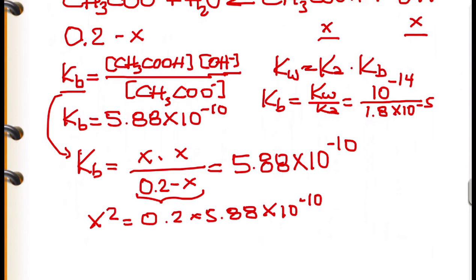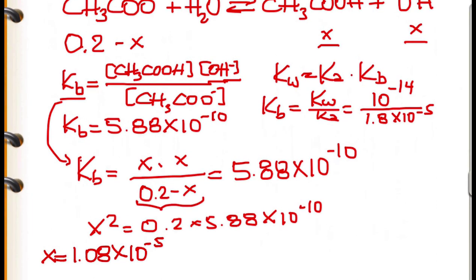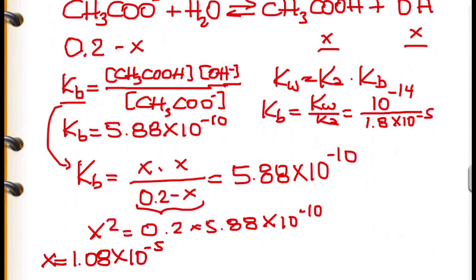It is going to give us X equals 1.08 × 10^-5. This is X, okay? X is the concentration of hydroxide, right?